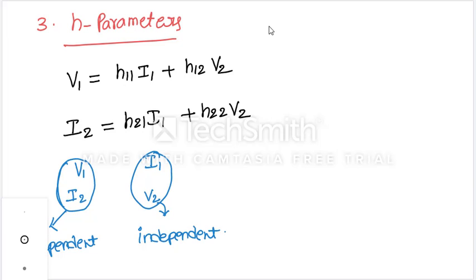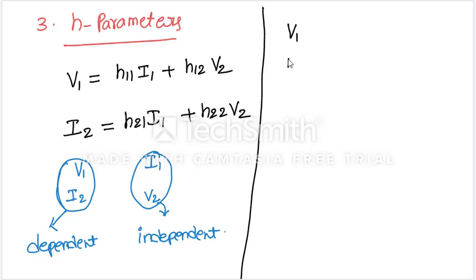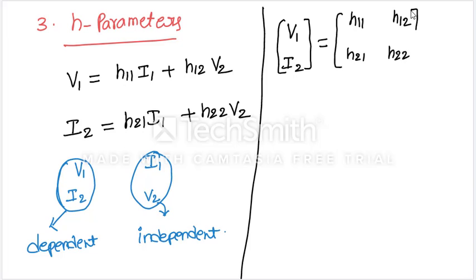Now, in matrix form we can write V1 and I2 equal to the H matrix, which is H11, H12, H21, H22, multiplied by I1 and V2.